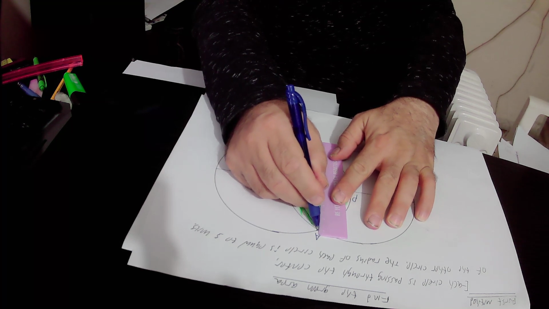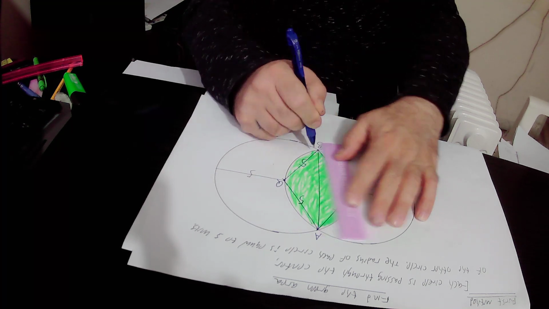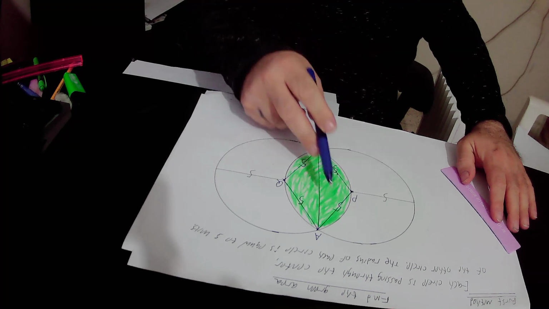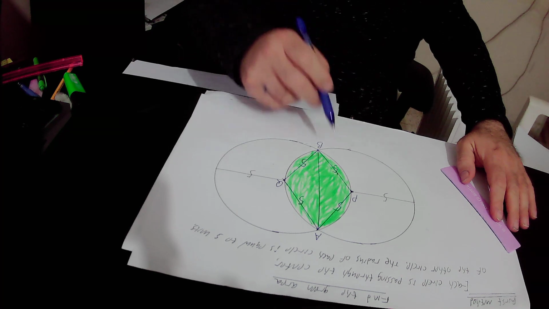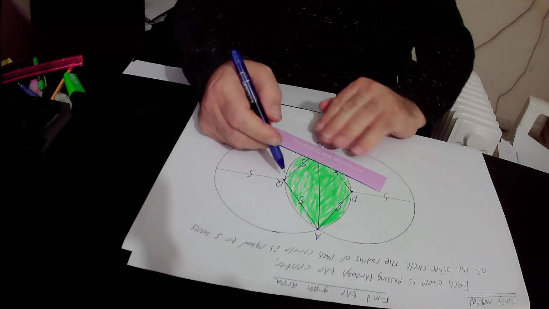Actually, line segment AB is the diagonal of rhombus APBQ, and we will join points P and Q together by a straight line.